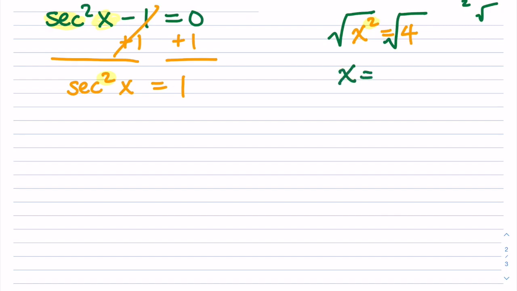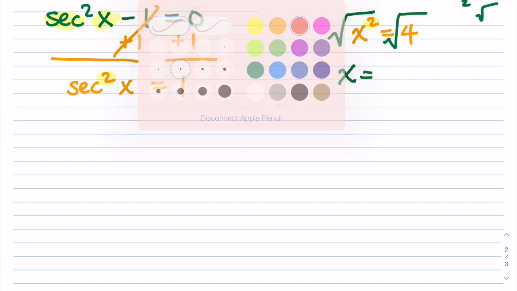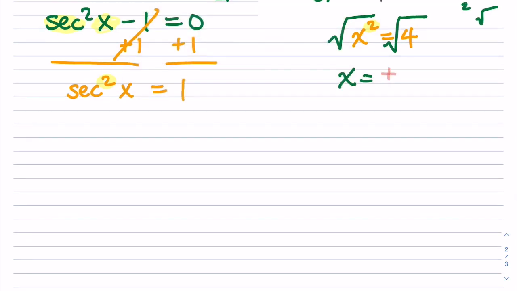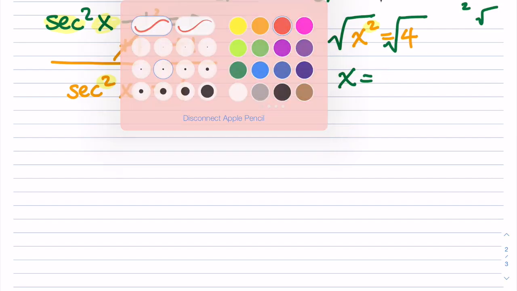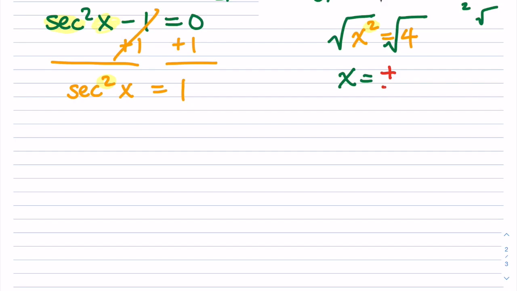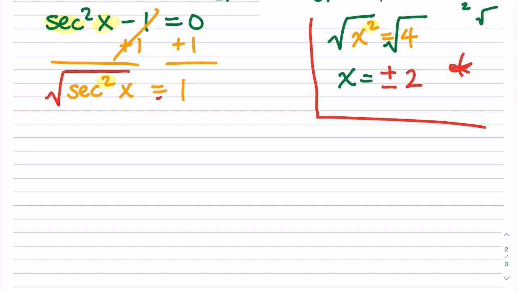And also, when you take the square root, keep in mind that there are two answers. There's a plus version and a minus version. That's the type we would do last semester. Here, we're doing the same thing, square root, square root. So when you do that, keep in mind that you get secant x is equal to plus or minus 1.